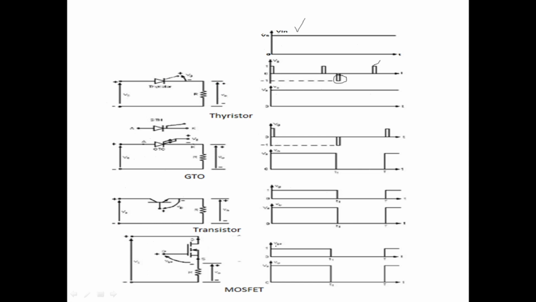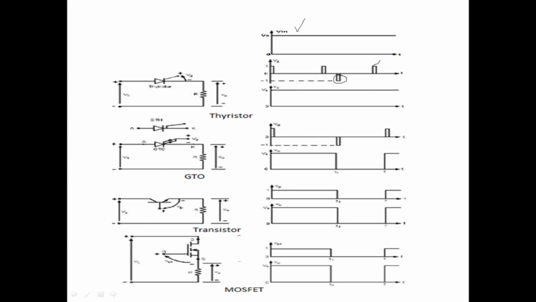Next, MOSFETs. In a MOSFET, we have studied that drain and source are the path of the current, and gate is the control terminal.